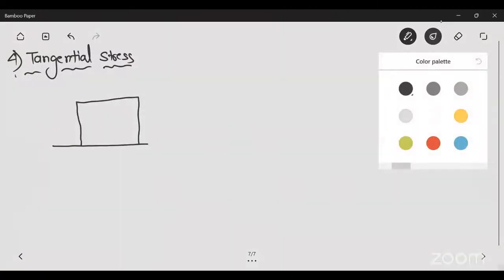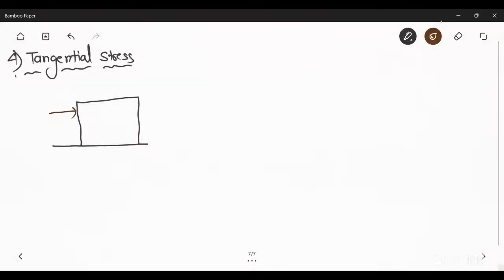On applying force on a body, what will happen? This part is fixed, the AB length of the body is fixed. So what will happen if we apply a force tangentially to it? It will deform at an angle theta. So this type of stress is known as the tangential stress.